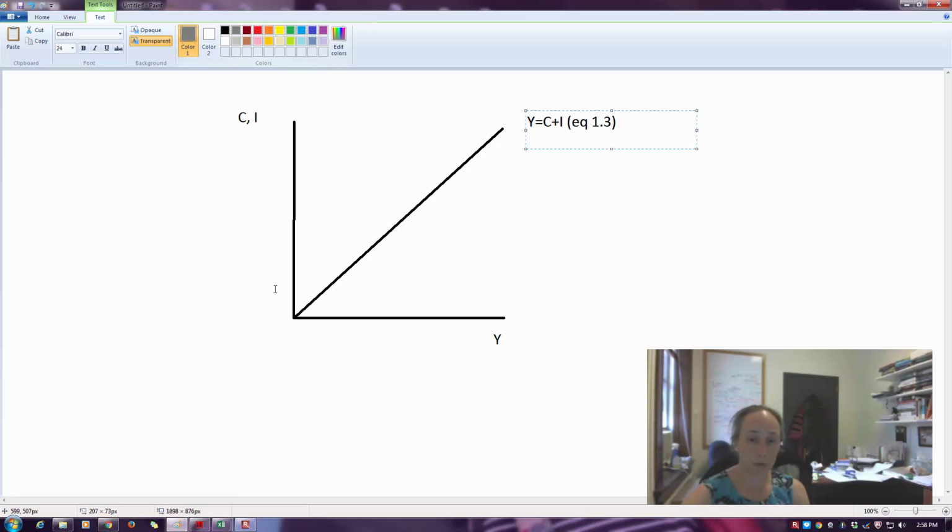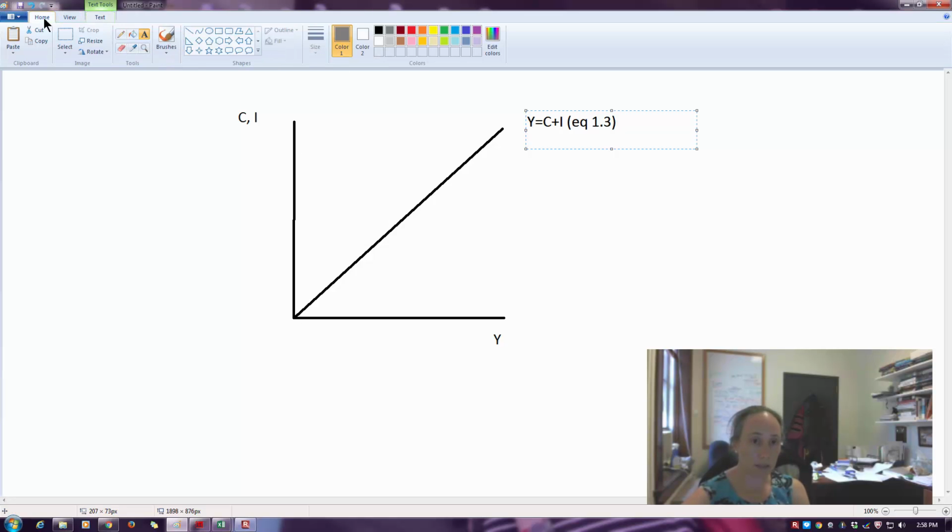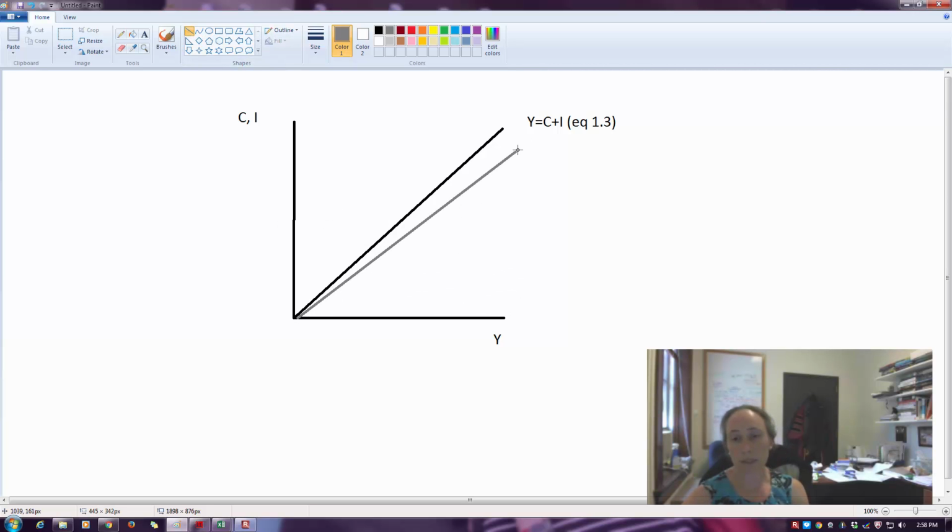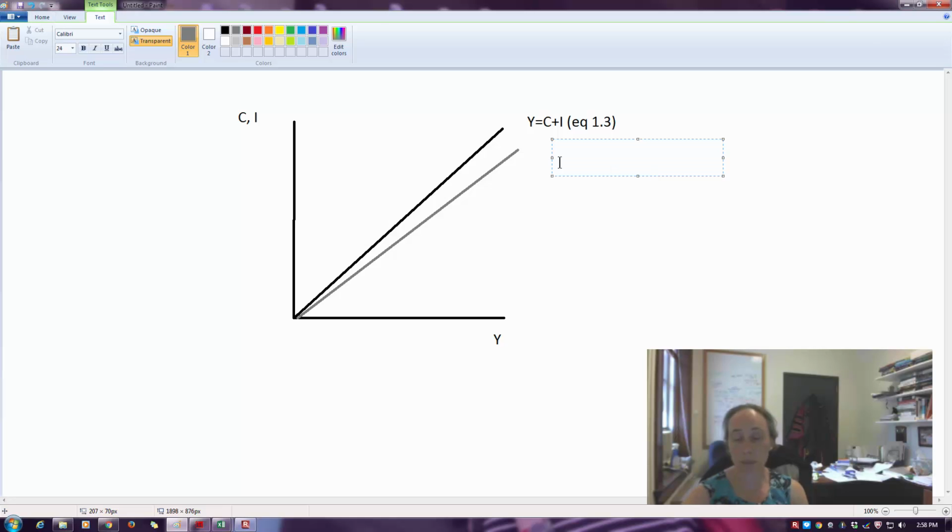And then there are some gray lines, which have not quite a 45-degree slope, but something a little bit less, to represent the fact that we don't think that people consume 100% of their income. In fact, we know from equation 1.1 that people consume 95% of their income.